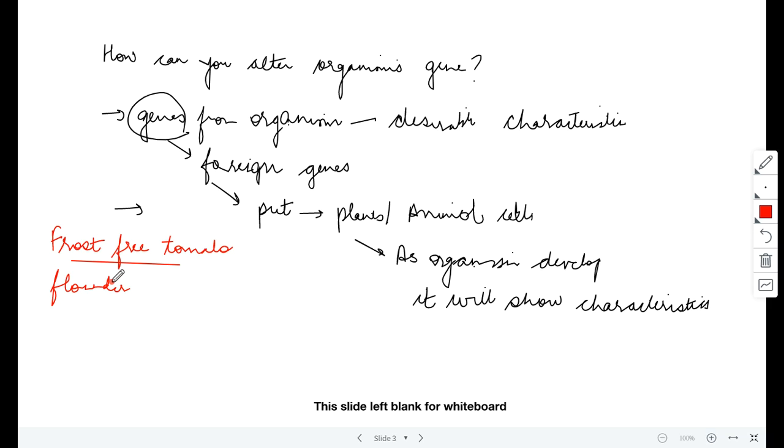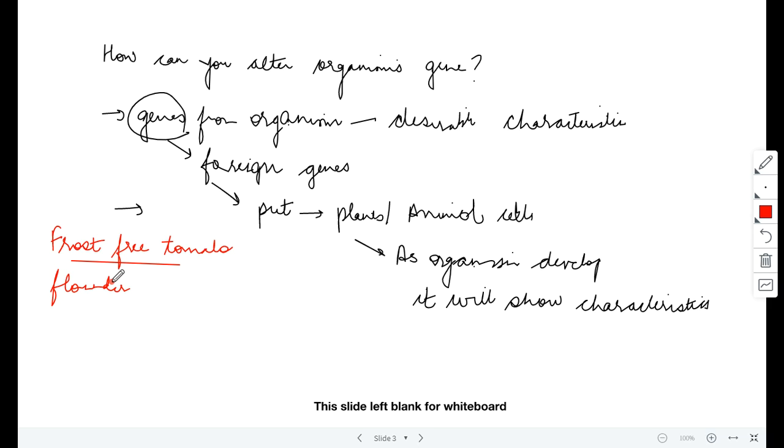So this fish is found in cold regions, which means it has certain genes which prevent it from freezing. It has got some anti-freeze chemicals, so that this fish can sustain in the cold water also. Is it clear to you?